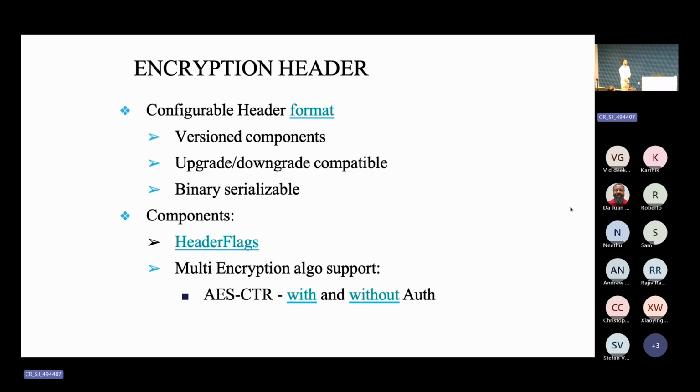For the authenticated encryption mode, there are a couple of modes. People should definitely look at their performance characteristics because they're expensive. We support HMAC SHA-256 and CMAC.